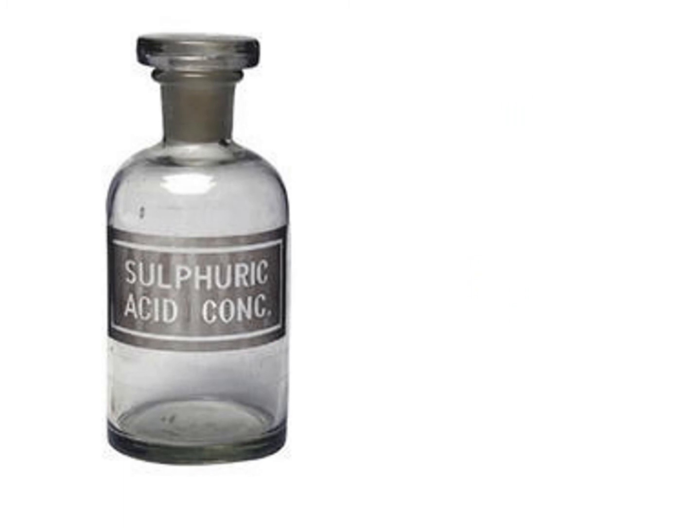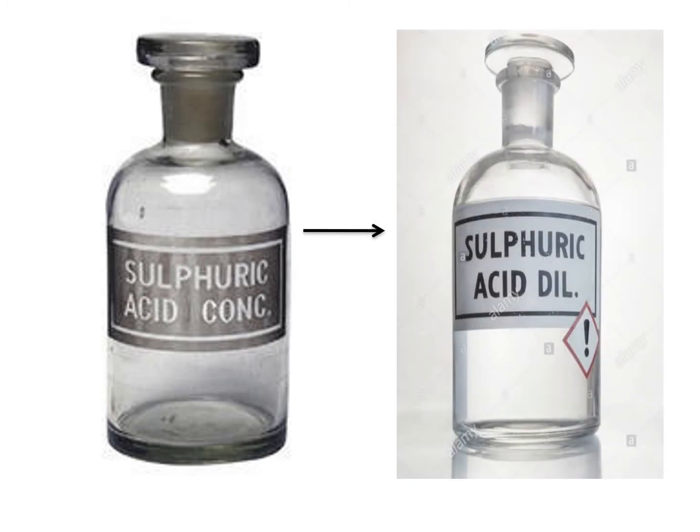In the process of dilution of concentrated sulfuric acid with water, very large amount of heat is liberated, and that is why if you add water in concentrated sulfuric acid, because the amount of heat is so high, the water which is added will get evaporated instantaneously, and that is why it may cause accidents.